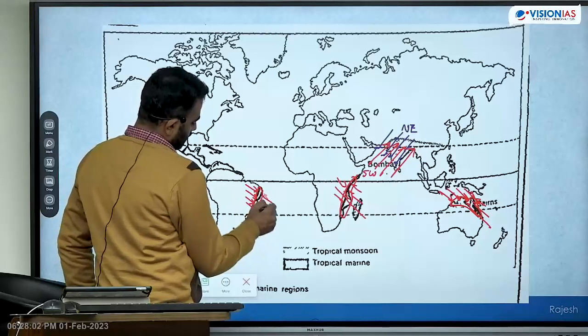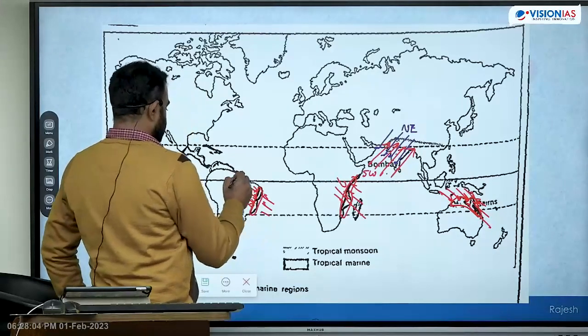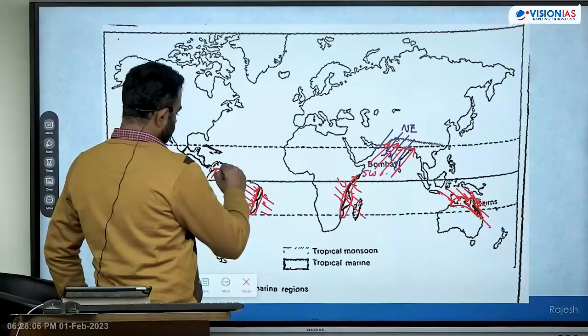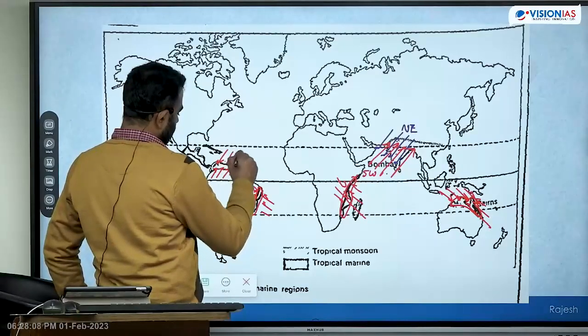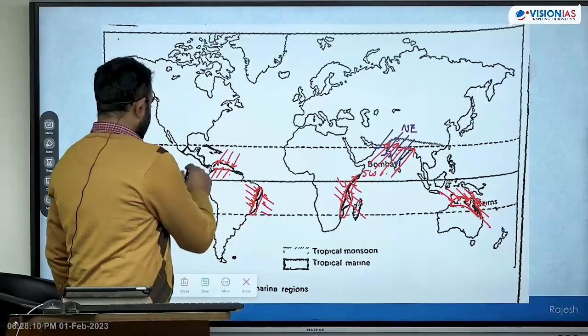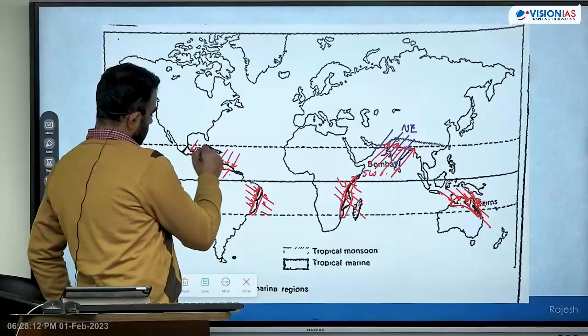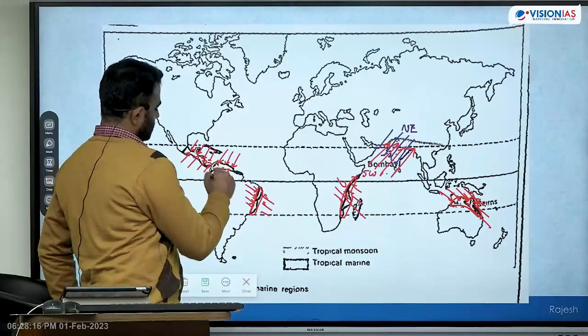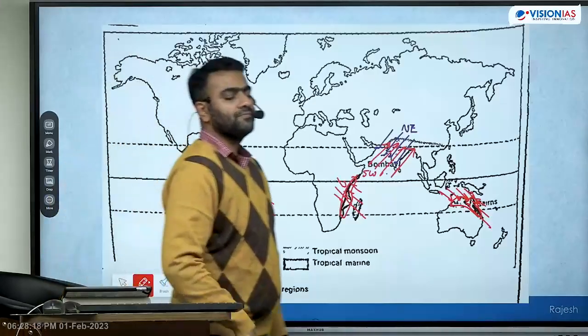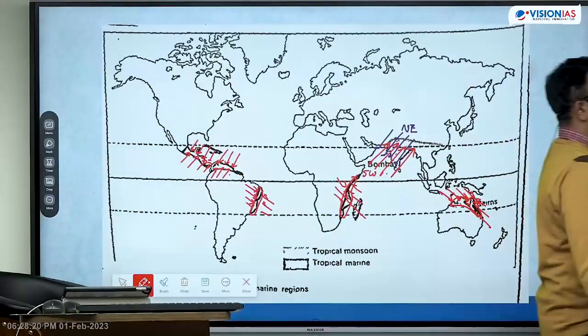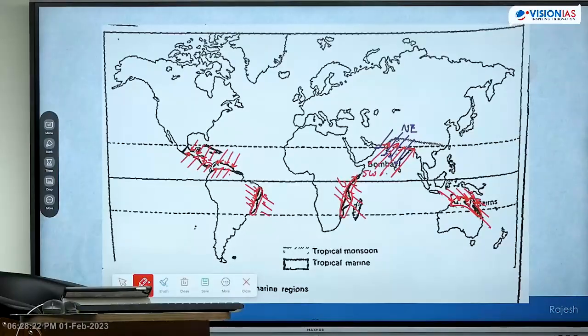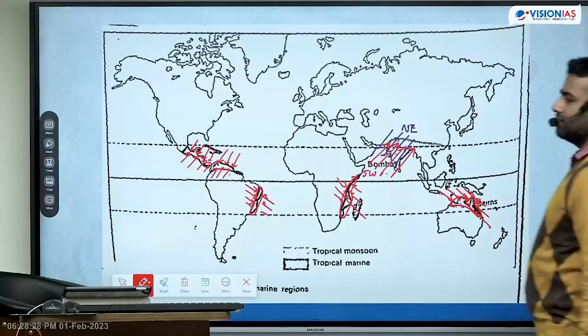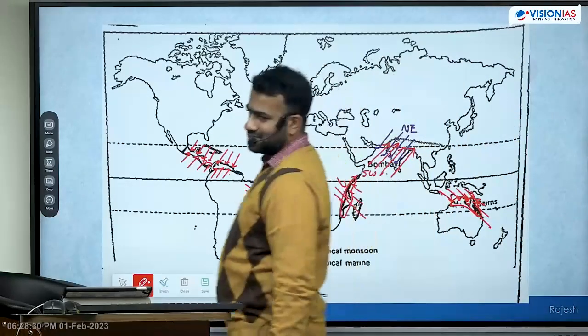Summers and winters. So this is also the same. Summers and winters. So here, this is winters and this is summers, like this. So these are the parts of the world where there is a seasonal reversal of winds. All together, it is called monsoon type of climate. It is also called hot zone, eastern margin.